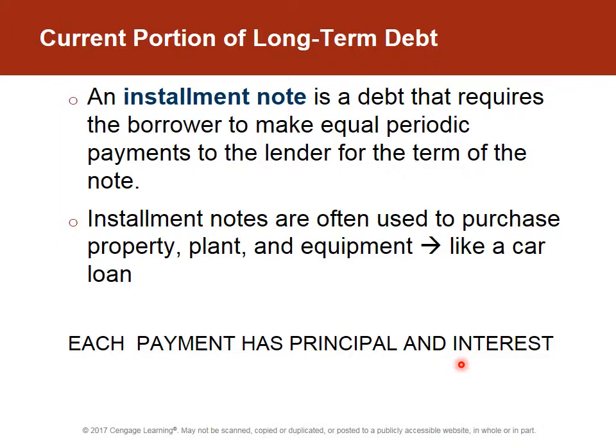I'm sure most everyone is familiar with credit cards and credit card debt that can range from 15 to 18% interest. And this credit card debt, you will repay principal as well as interest. So an installment note is one that generally has monthly payments. Sometimes it could be annually. Each payment including principal and interest.